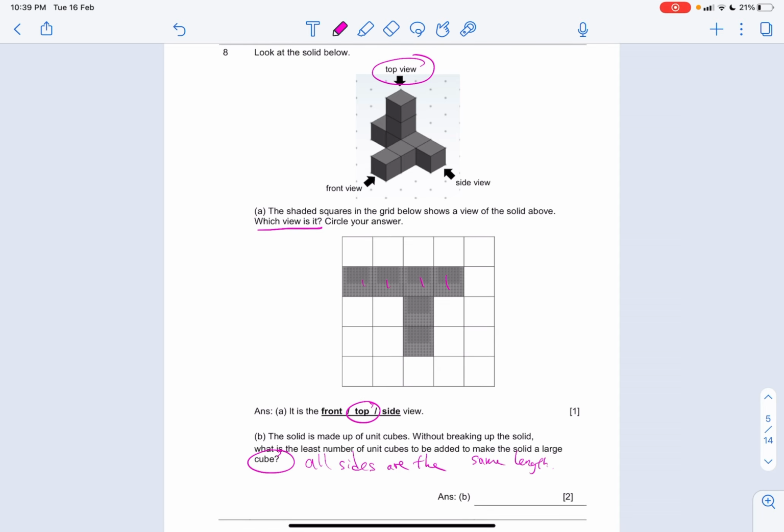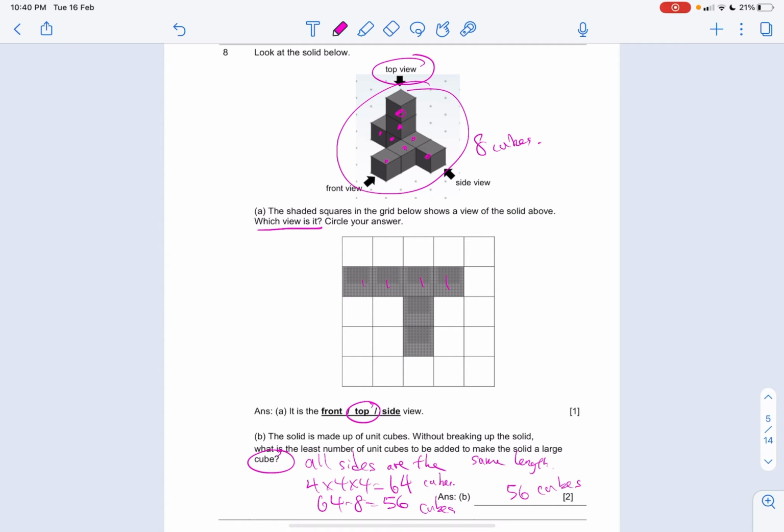So we're looking at the cube which is 4 times 4 times 4, which is 64 cubes. And here we have 1, 2, 3, 4, 5, 6, 7, 8 cubes. So how many more cubes do we need? 64 minus 8, 56 cubes. So for B, 56 more cubes.